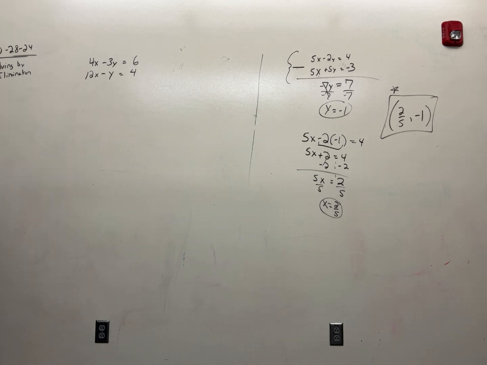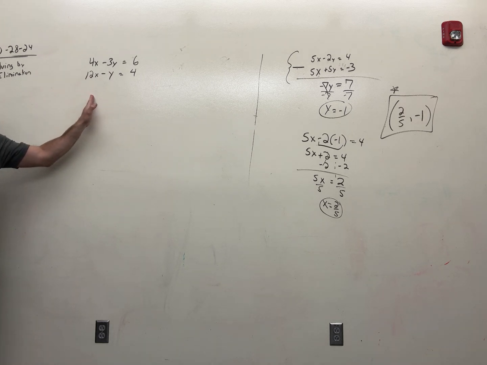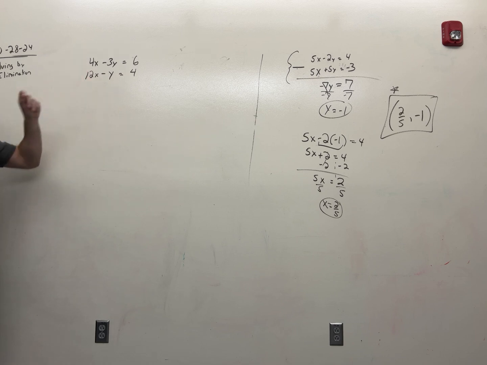Okay. Now we have 2 options, and I love questions like this. Do the x's match up? Do the y's match up? Can we make the x's match up if we multiply? Sure. Could we make this y match up with this one?